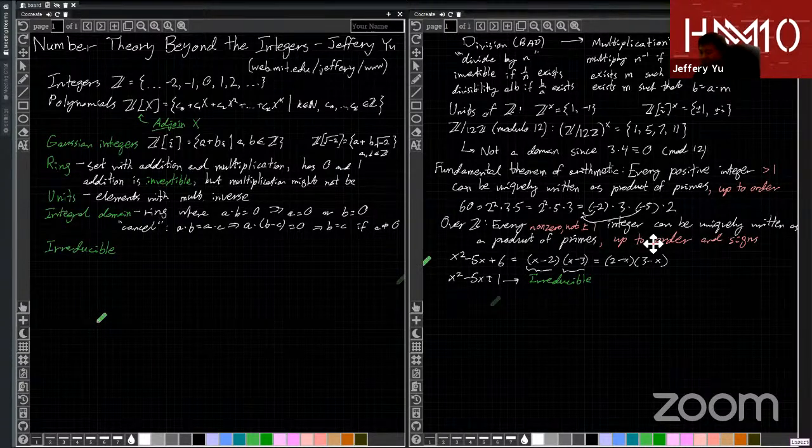So an irreducible is a number A. A is irreducible means that A equals B times C implies B or C is a unit, right?